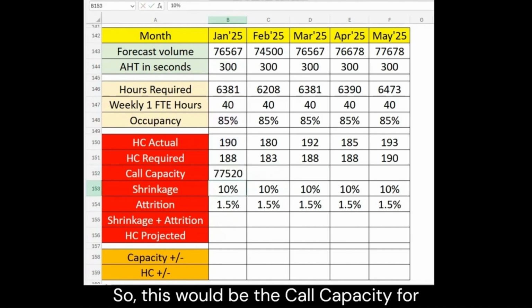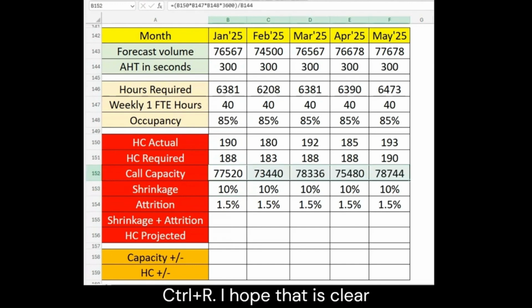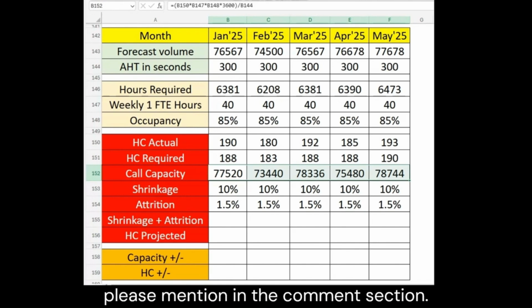So this would be the call capacity for January month on the basis of these components. Select all the cells, Control R. I hope that is clear till now. In case you have any doubt, please mention it in the comment section.